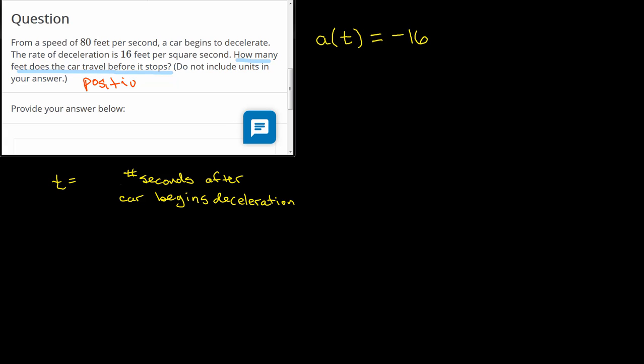So this is a position question. And I'm stuck here at acceleration. I know about acceleration, but I want position. So I have to think, how can I get from acceleration to position?